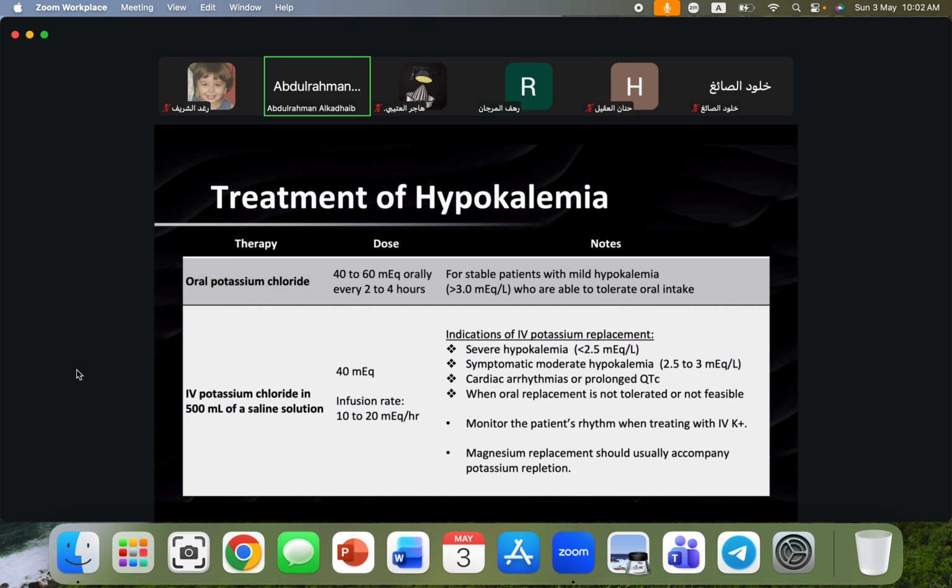And usually we also have to replace the magnesium when there is a low magnesium level when we check the other serum electrolytes in the body, because magnesium replacement helps with correcting the low potassium level in those patients.